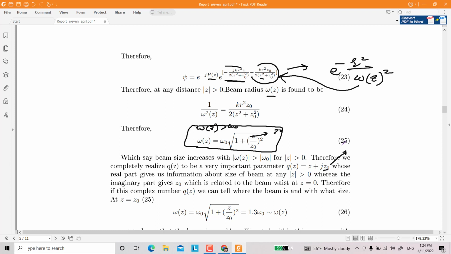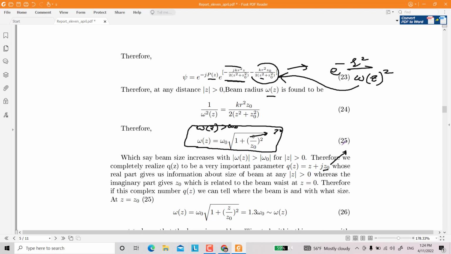So what does this mean? It means that if somebody gives you this Q of Z, a complex number, and tells you to locate the beam, then you can easily locate the beam using these two terms, Z and Z naught, or omega naught and omega of Z. Why? Because Z and Z naught are connected with omega of Z and omega naught respectively.